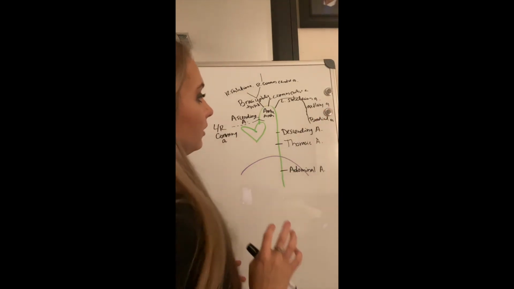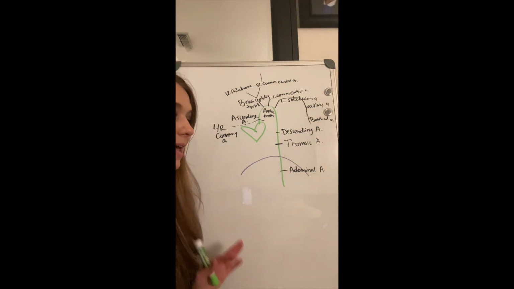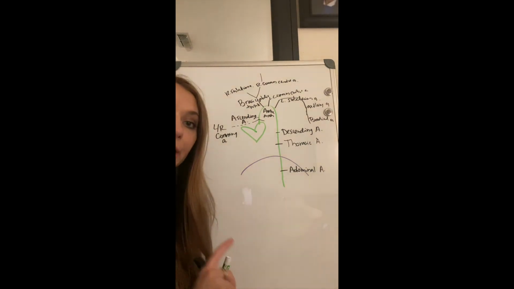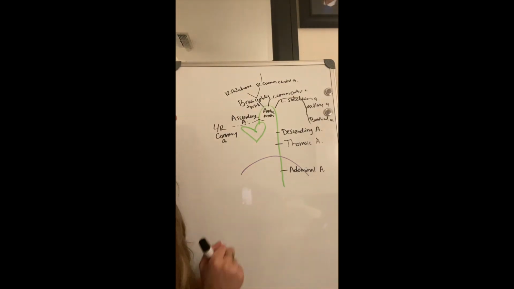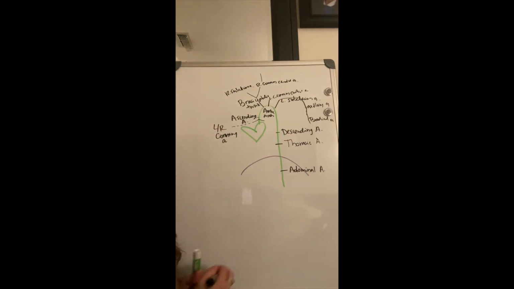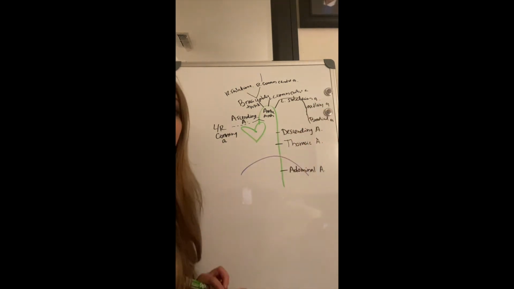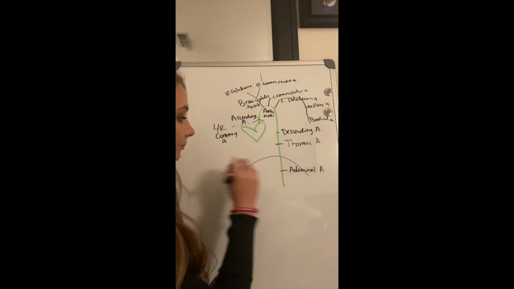I want you guys to notice that a lot of the arteries are named based on their anatomical location. So that's also another really cool way to memorize and to learn the vasculature. As we follow this through, you'll then get the ulnar and the radial arteries. You can follow that through and create these in the upper extremities.